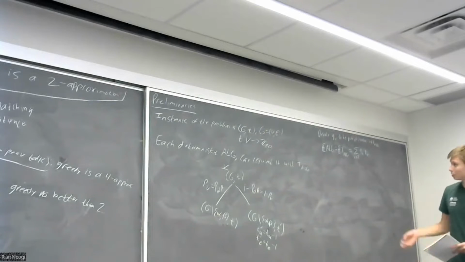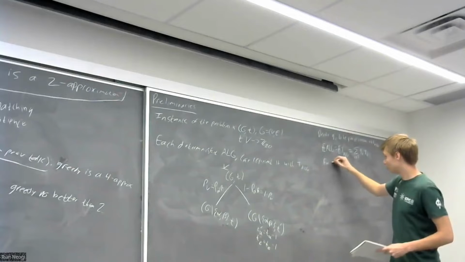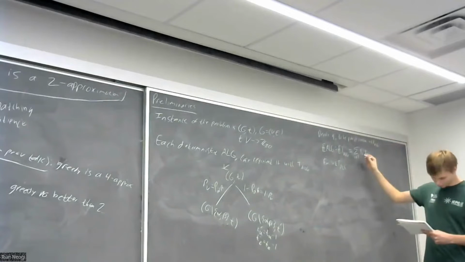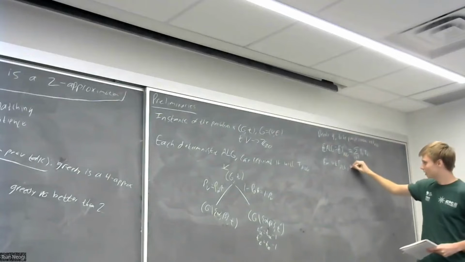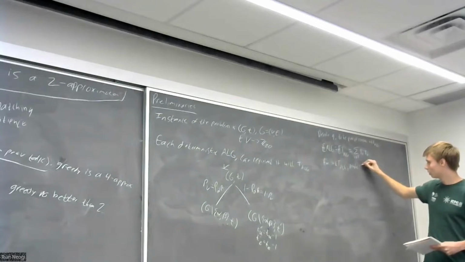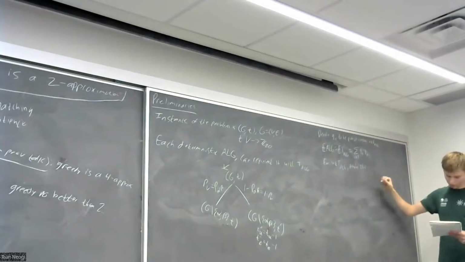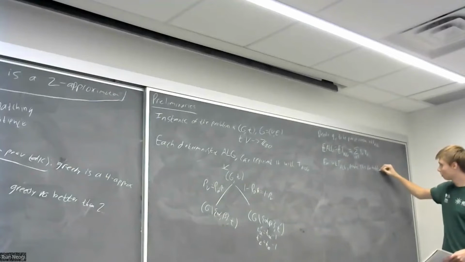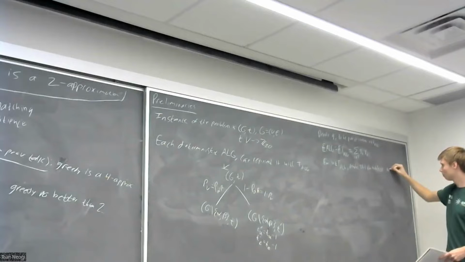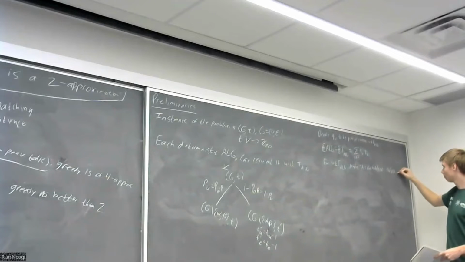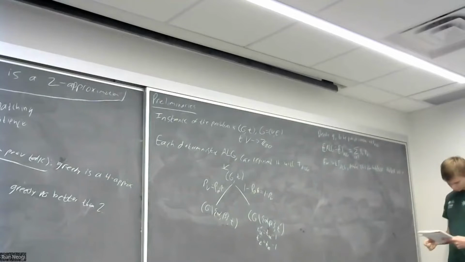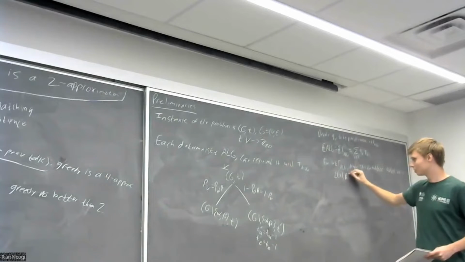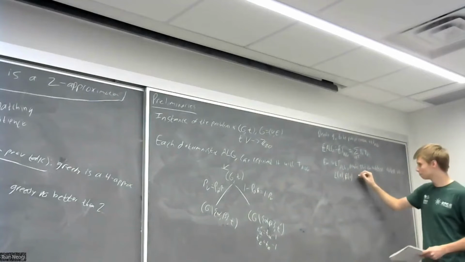And just a bit more notation, if we have some node v in the tree, we'll call T(v) the subtree rooted at v. And L(v) and R(v) are going to be the left and right subtrees.